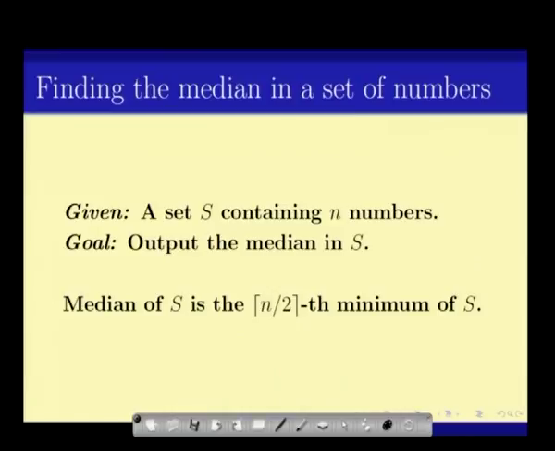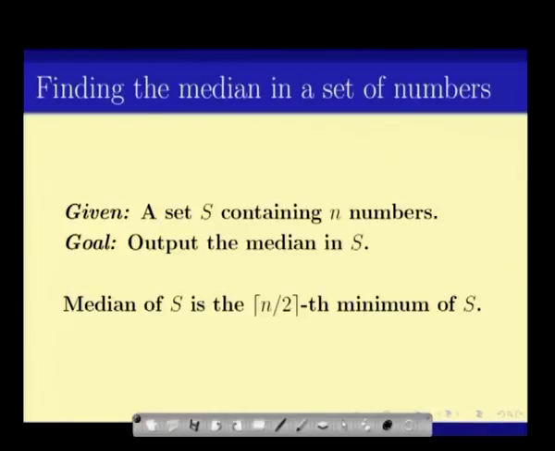For people who are used to statistics or even economics, finding the median in a set of n elements is a very essential problem. So, what is the median? The median is basically the n over 2th minimum in the set S. In other words, if you arrange this set in ascending order, it is the central number.